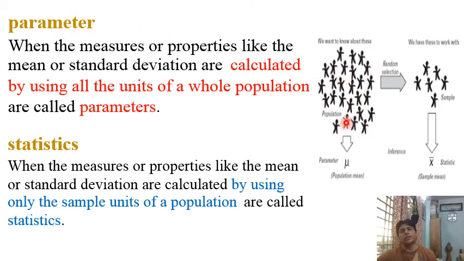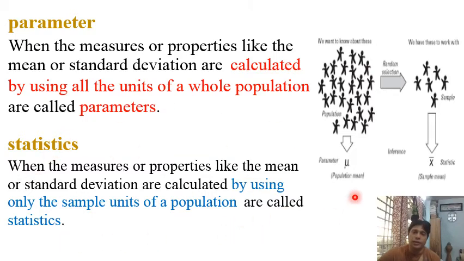Parameter is universally true, but for practical reasons it is not possible to use a parameter because it is very expensive, because the population is a very large unit. What is statistics? When the measures or properties like the mean or standard deviation are calculated by using only the sample units of the population, they are called statistics.